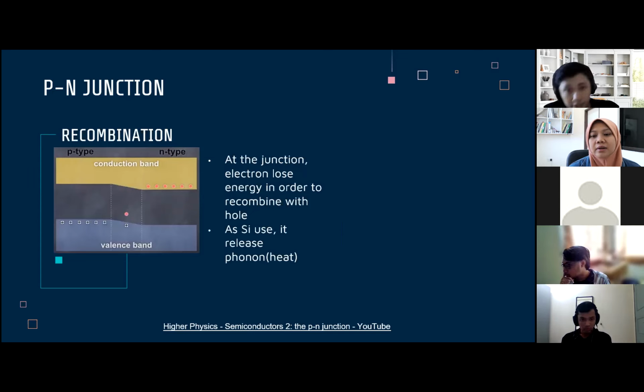Okay, at the junction, the electron drops or loses energy in order to recombine with a hole. As in a PN junction diode, silicon was used. It releases phonons, which is in the form of heat.